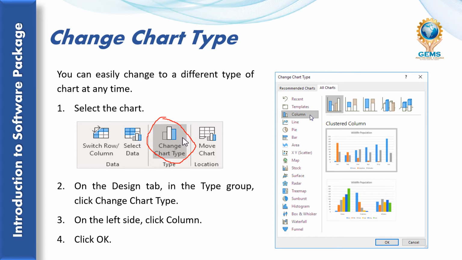So you will see the change chart type dialog like this. There are different charts: column chart, line chart, pie chart, bar chart, area chart, scatter, map, etc. After selecting your desired chart, you can click OK.